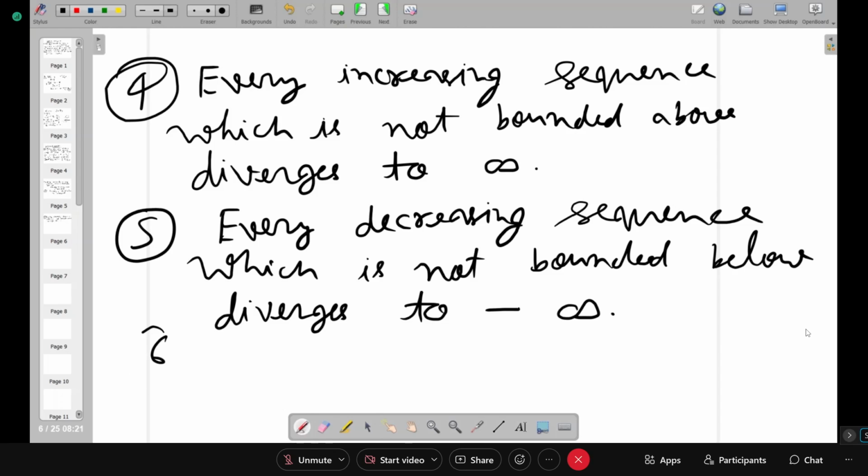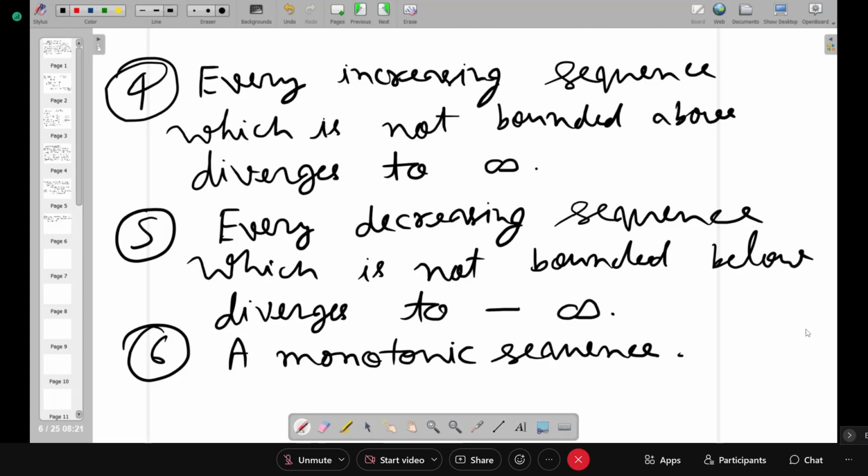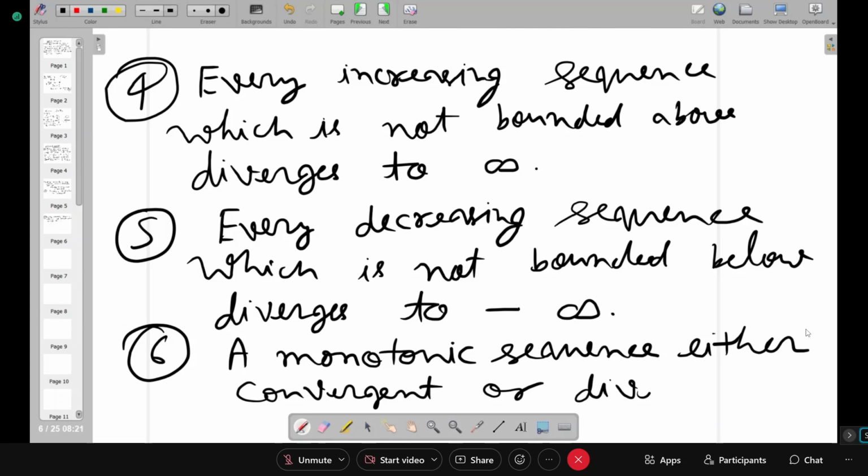Now the next one is: a monotonic sequence is either convergent or divergent. Convergent or divergent.